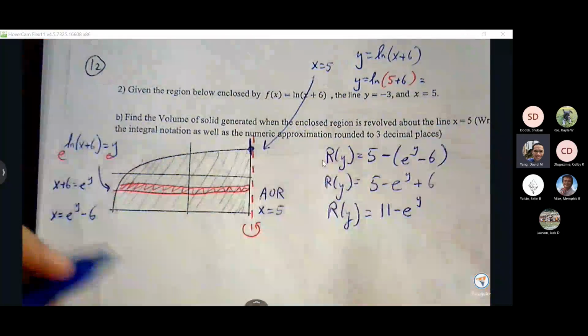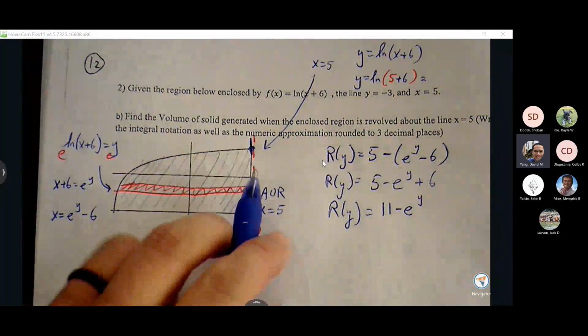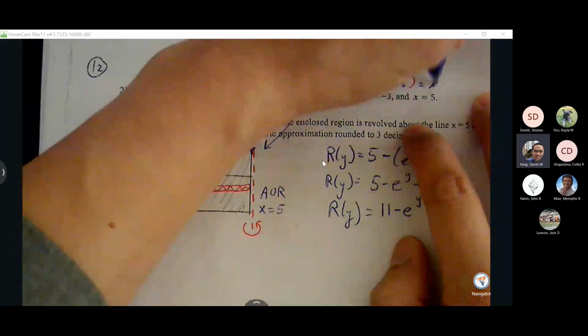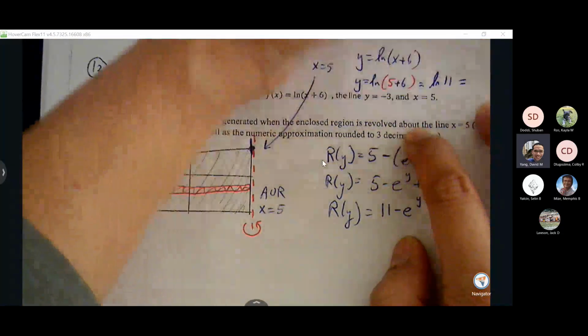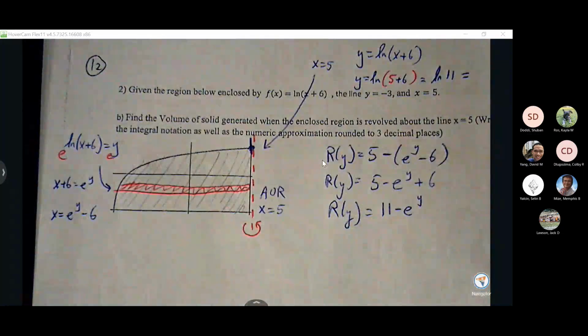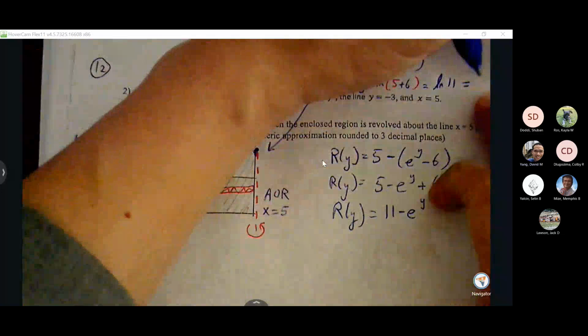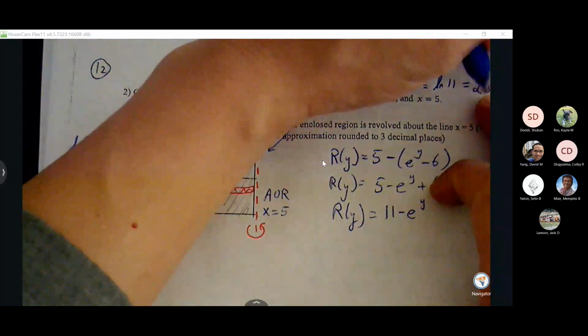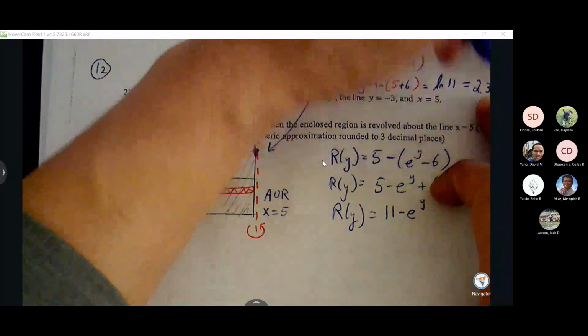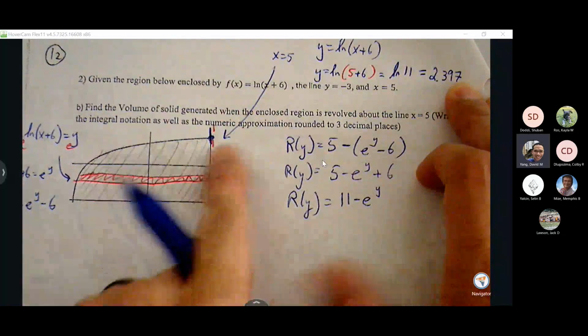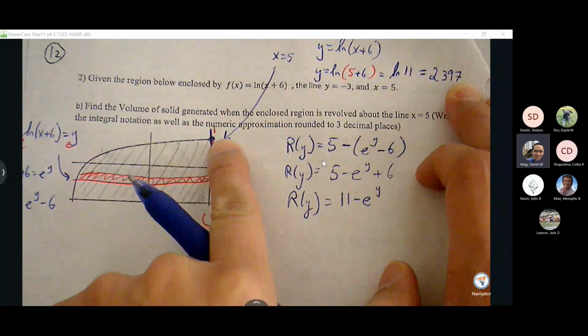Imagine you're just trying to find a y value on a curve, which is plugging in the x. That's natural log of 11. You can get a decimal version of that. 2.397, 2.398, either one's fine.